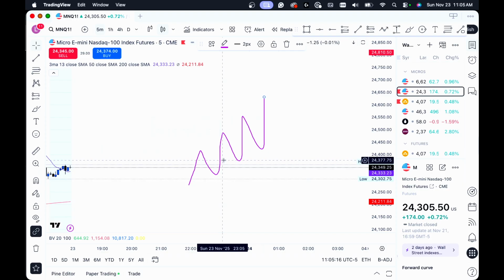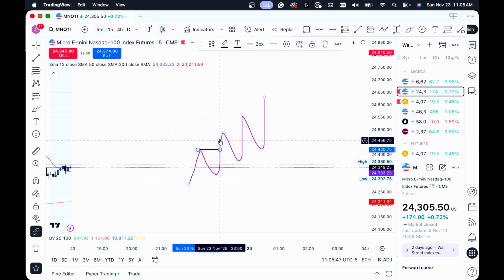The first rule is to find a trend. Find the trend. Once you find the trend, wait for the break of structure on that trend, which is right here. This is the break of structure.